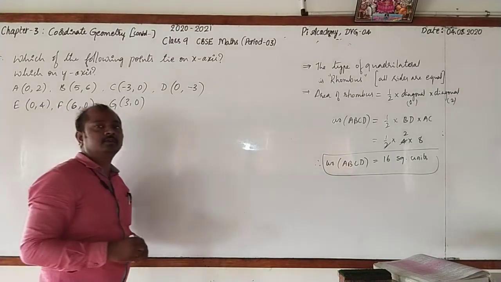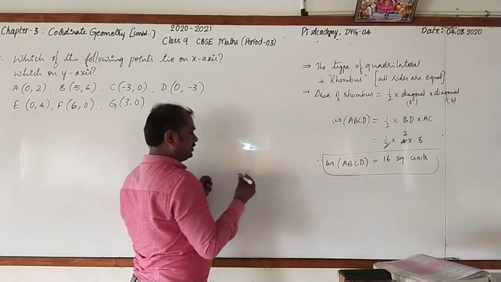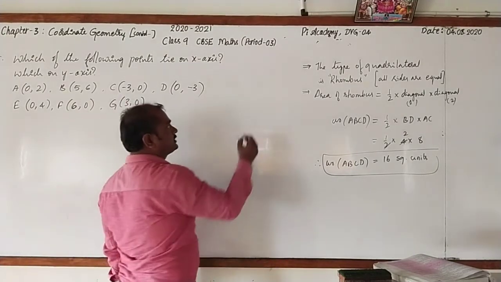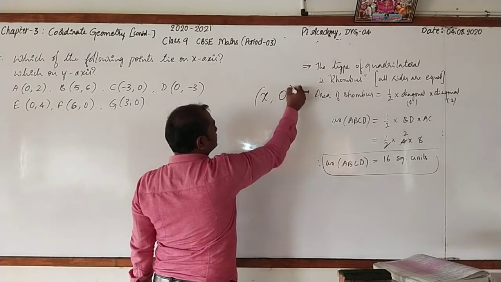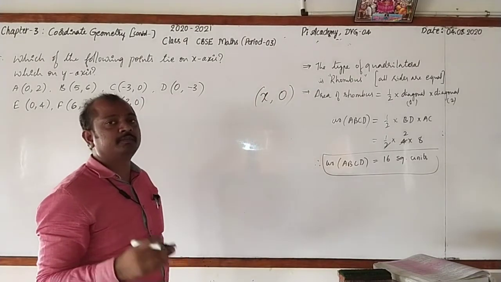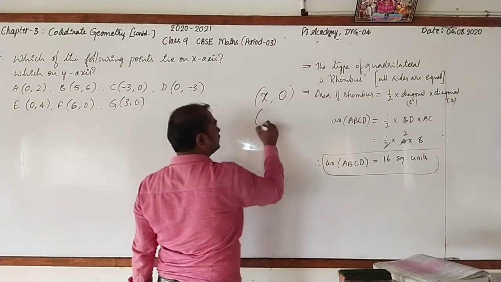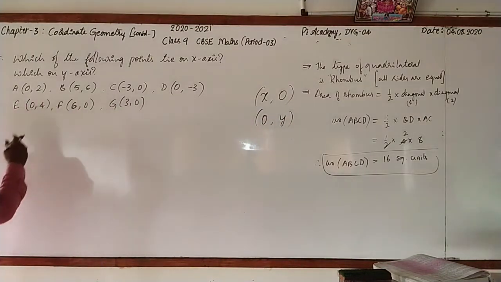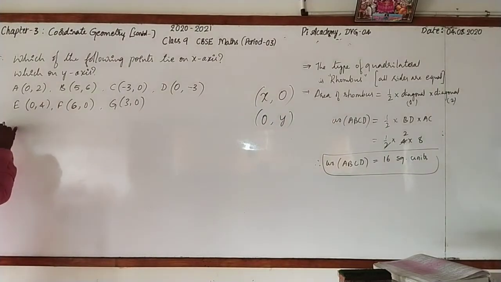Dear students, you are very familiar with the coordinates of a point on the x-axis. It is (x, 0). If the point lies on the y-axis, it will be (0, y). So based on this, you can categorize them easily.